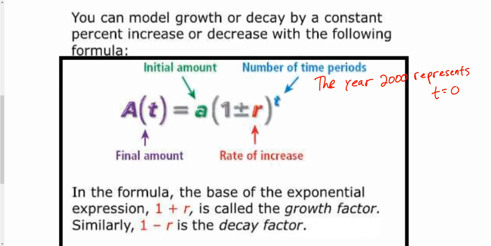So then they'll say, find the amount in the year 2007. Now here's the problem that I get all the time when kids get this wrong. What they do is they put 2007 up here into t. Are we supposed to plug in 2007 though? What does it mean when I plug in 2007? You guys understand what that's saying? What does it mean?